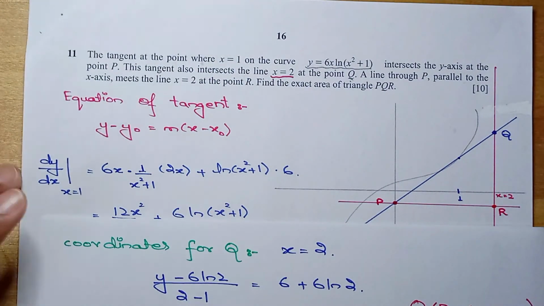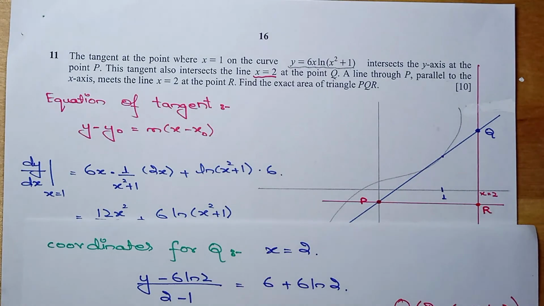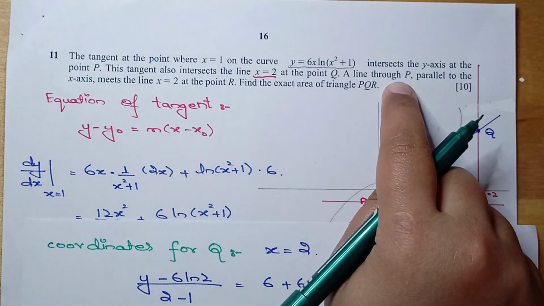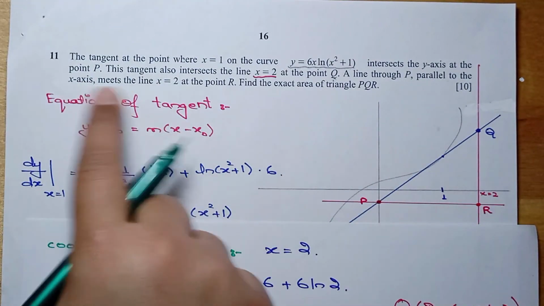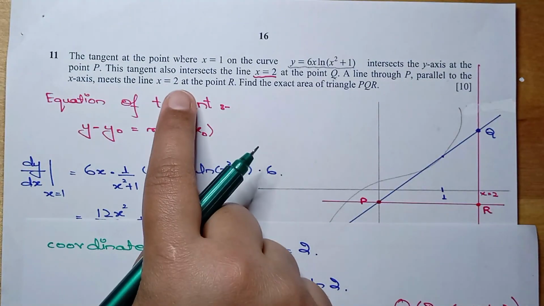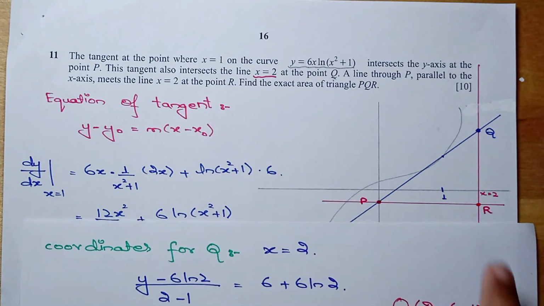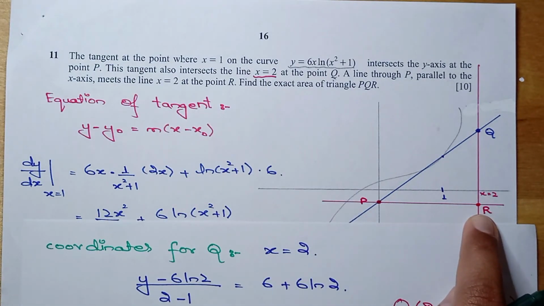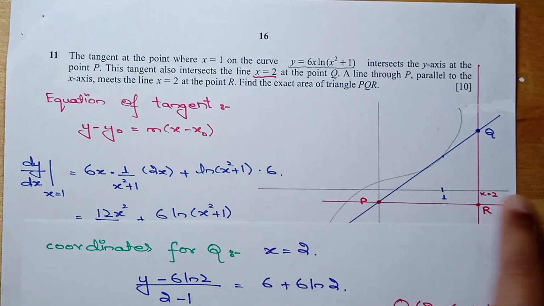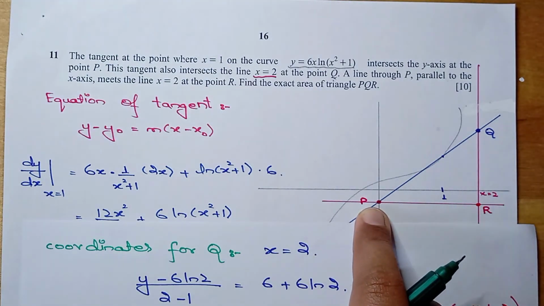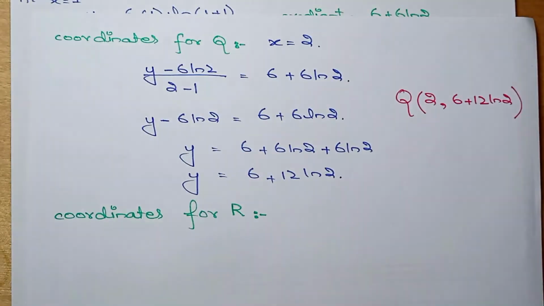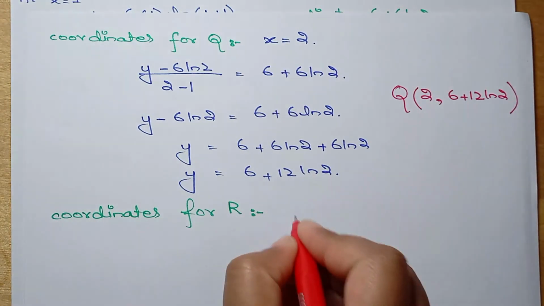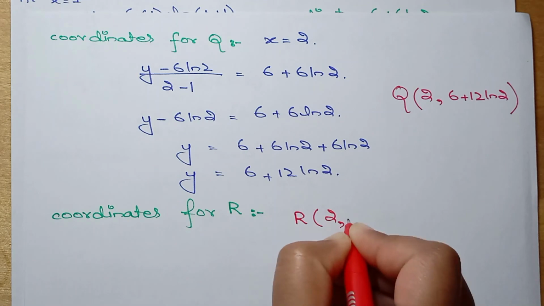As you can see in the information, they said a line through P, parallel to the x-axis, meets the line x equals 2 at the point R. So for point R, the x value is 2 and it's parallel to this point P. Here the y value for P is -6. So the coordinates for R are x is 2 and y is -6.